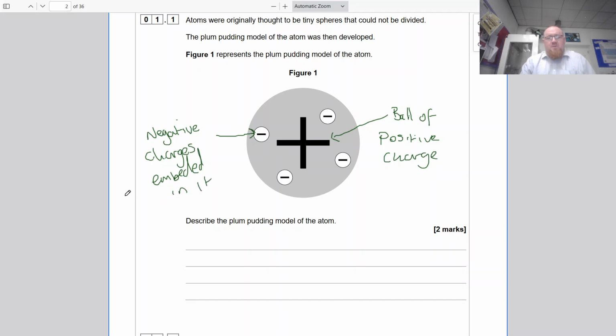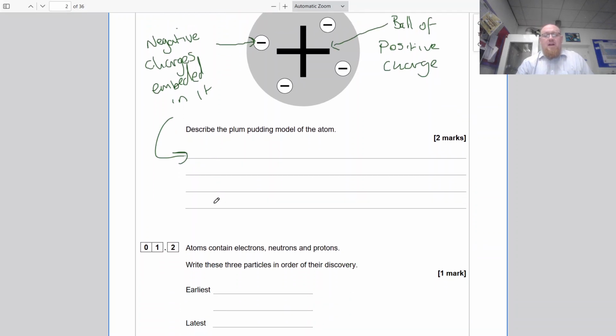Now, obviously, I would normally write that there, but it does just go to show all you're doing is describing the diagram. Of course, negative charges there represent the electrons. Positive charges, they didn't know about protons at the time and the nucleus, which is why it's quite an early model of the atom.